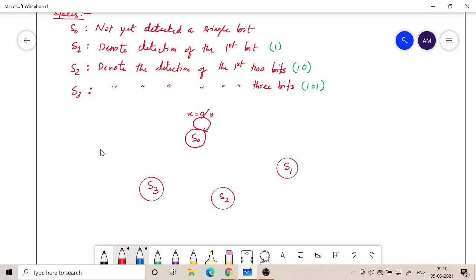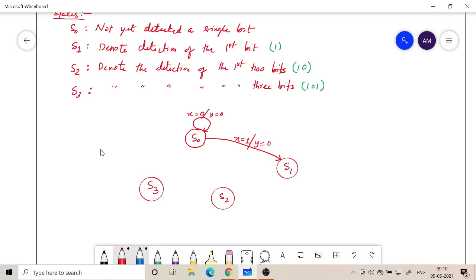That's what we are trying to say, and our output is going to be 0. But when I am here, if I'm fortunate, I can get a 1, x equal to 1, and then I made a progress to the next state, but still my output is 0.